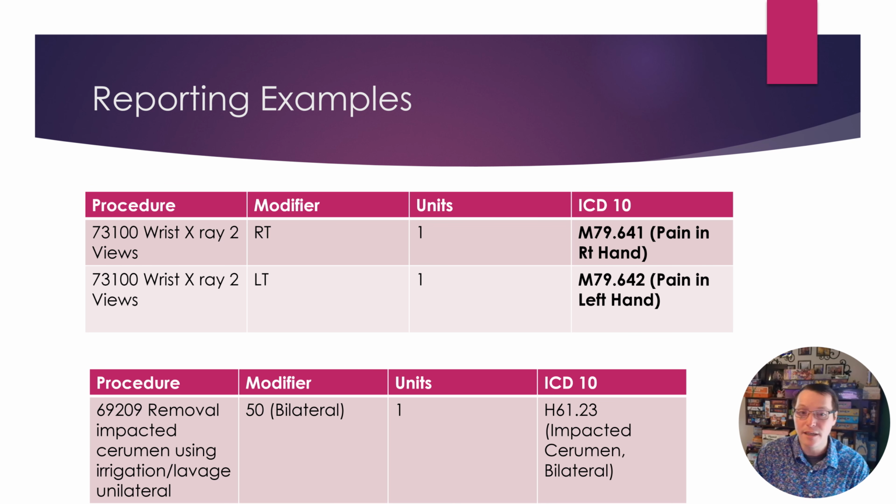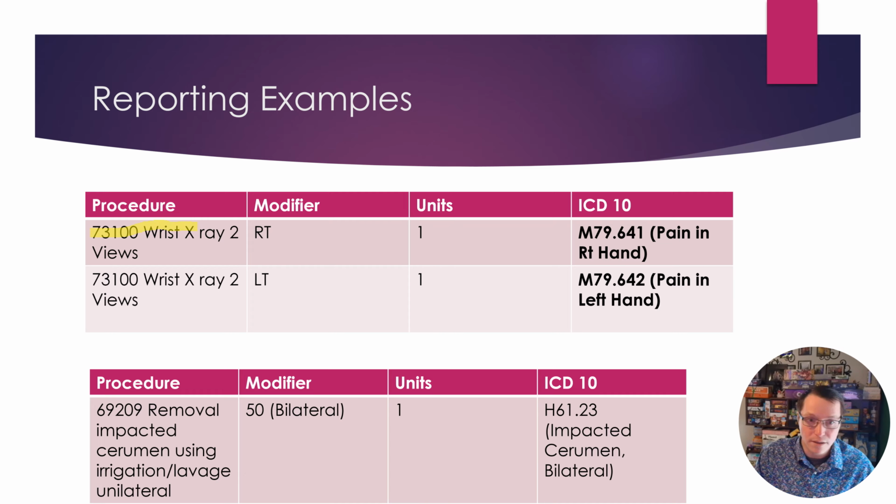So, reporting examples here for x-rays. X-rays have the bilateral indicator of 3, where you do have to individually report them because you will get paid 100% for each of these lines individually, thus 200% you get paid.